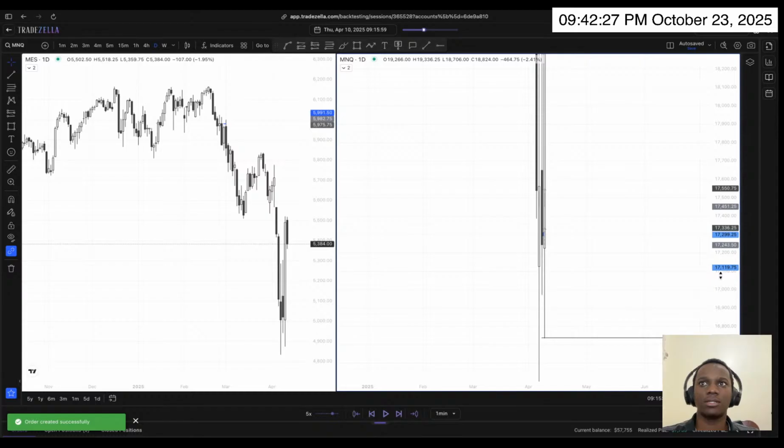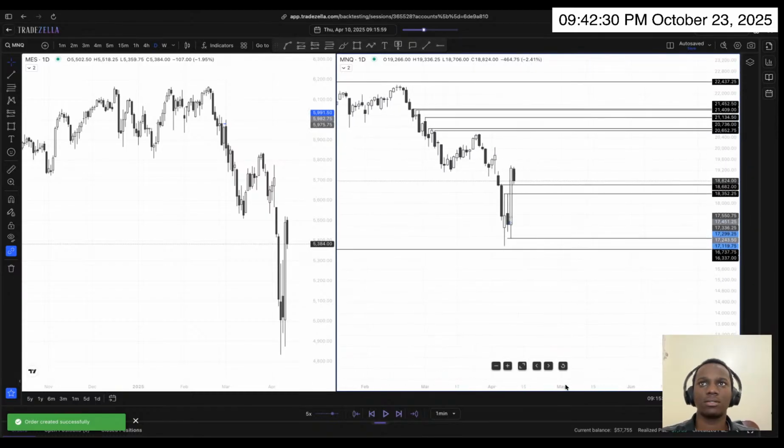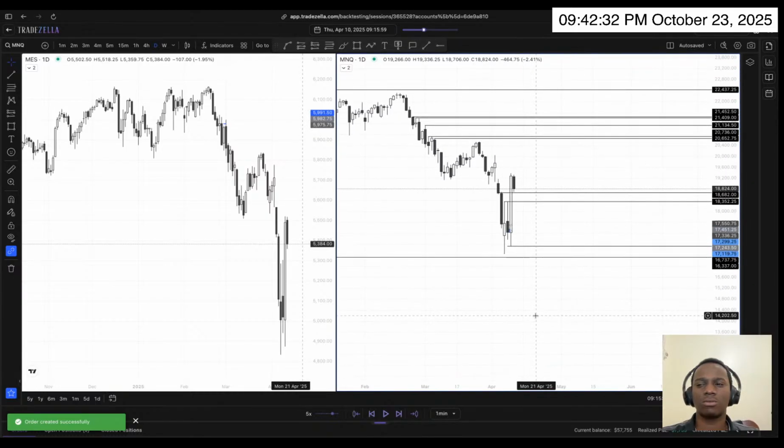Check the daily again. Why isn't the PNL reducing though? Like it's still saying 7.7k.